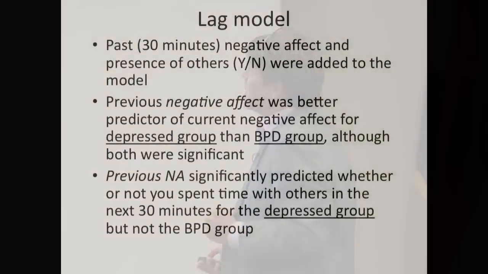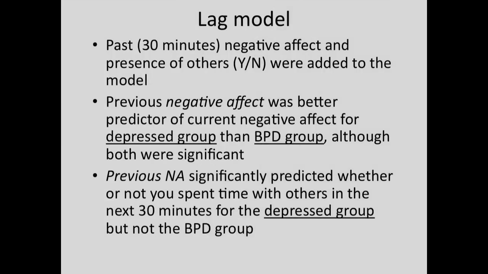So the question becomes, can you look at lagged effects to see if affect might predict whether or not you're going to be with people or you're going to isolate yourself? We were able to aggregate things, and we looked at the previous 30 minutes and then the current 30 minutes, looking at negative affect and whether or not they were in the presence of others.